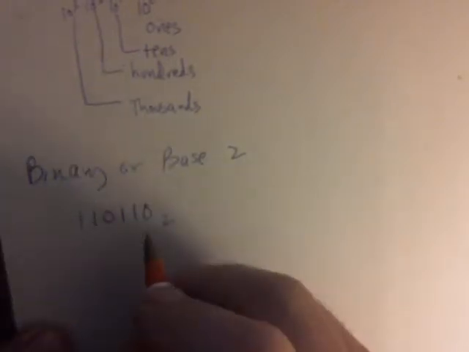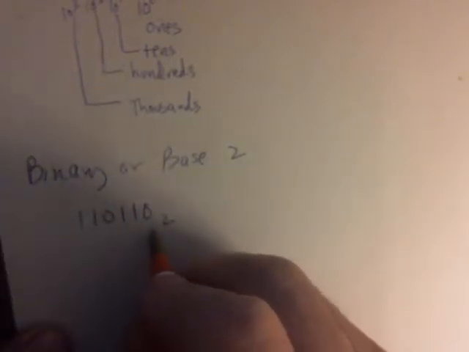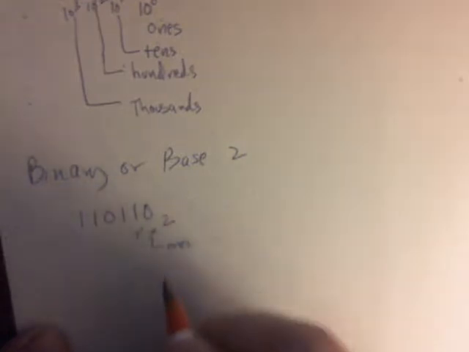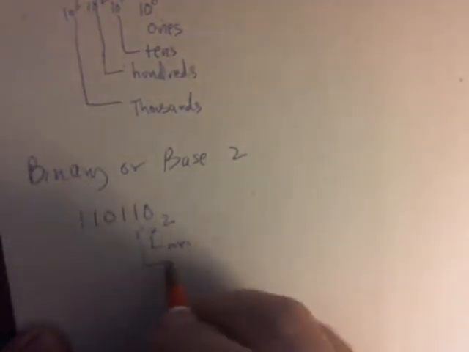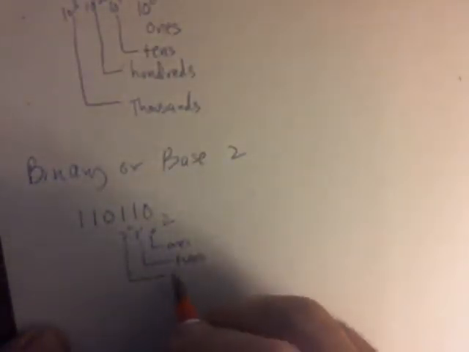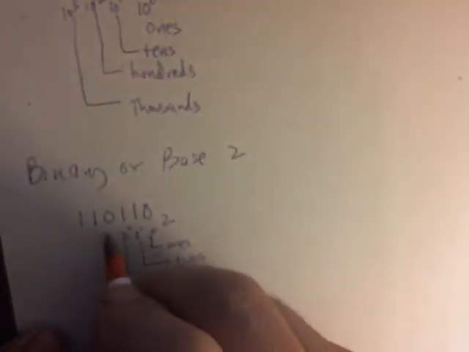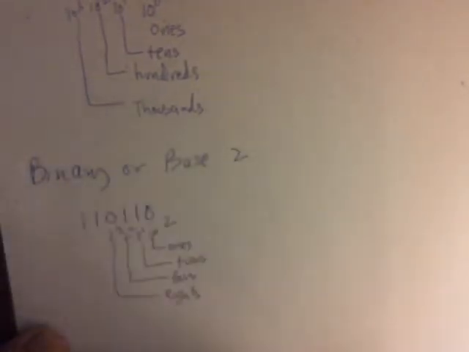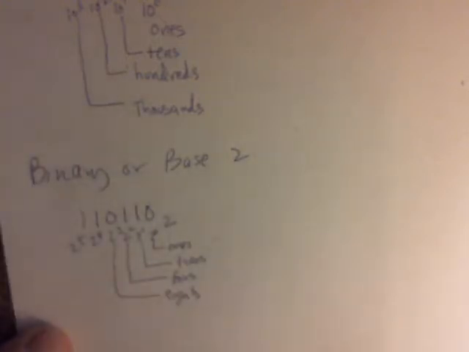So this place value right here is 2 to the 0, which again is your ones place. And we just go on up the list. This is 2 to the first, or the twos place. This next one is 2 squared, or the fours place. 2 cubed, eighths place, so on and so forth. So this is 2 to the fourth, 2 to the fifth, and so on.